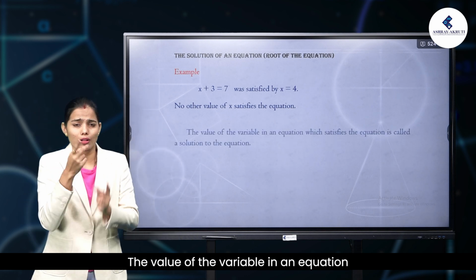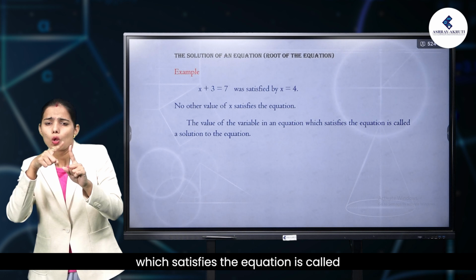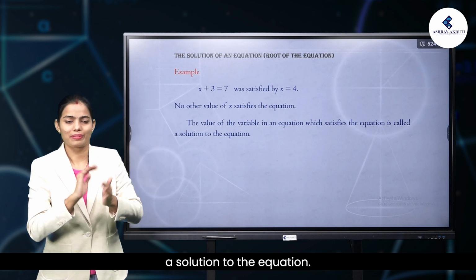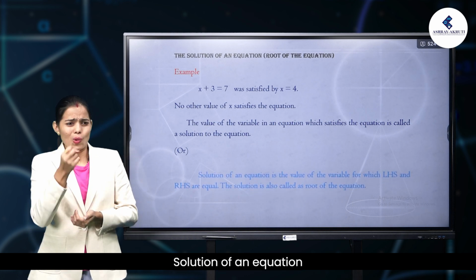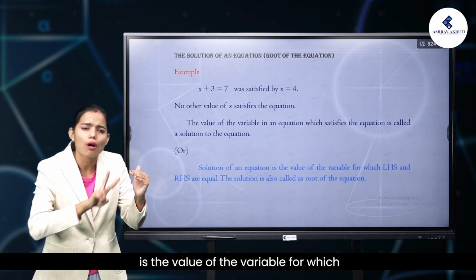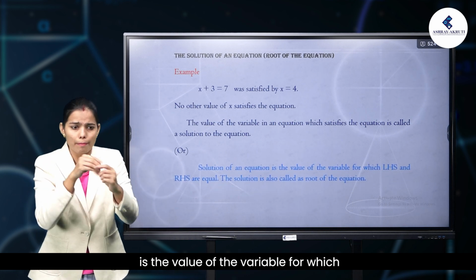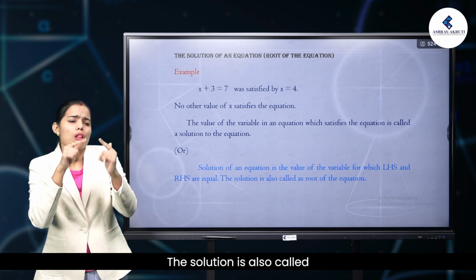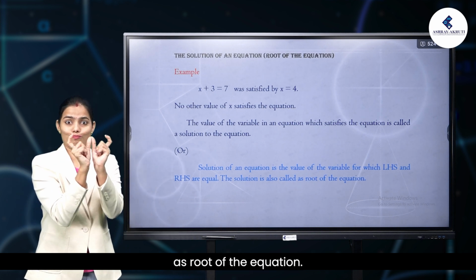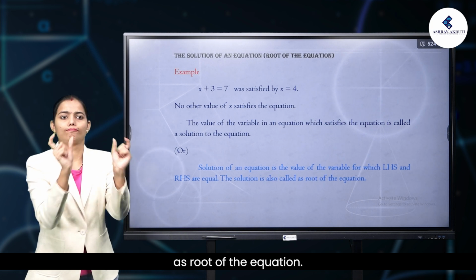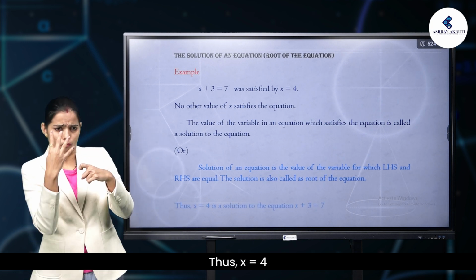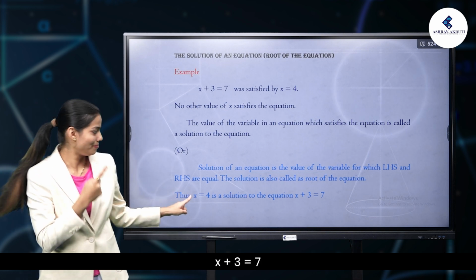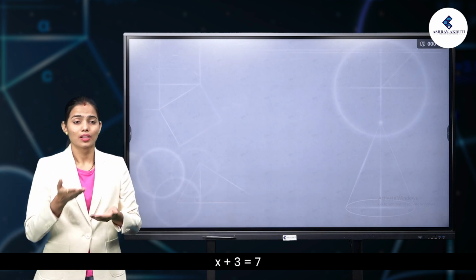The value of the variable in an equation which satisfies the equation is called a solution to the equation. Or, the solution of an equation is the value of the variable for which LHS and RHS are equal. The solution is also called the root of the equation. Thus, x is equal to 4 is a solution to the equation x plus 3 is equal to 7.